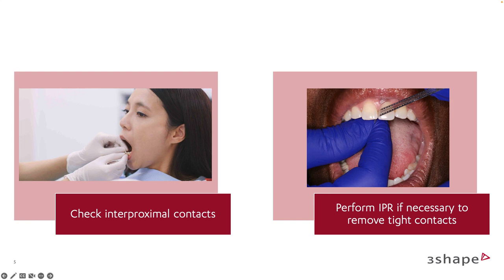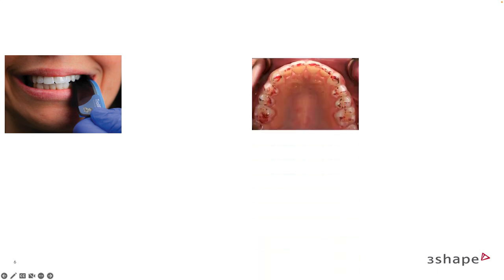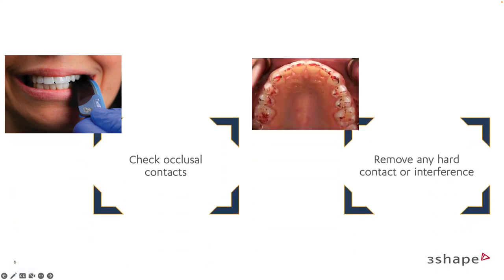If you have tried the options mentioned before and feel you've created sufficient space but still have misalignment at this point, you may need to submit a refinement. Another option is always to check the occlusal contacts with occlusal paper marks if needed to remove clinically these interferences.